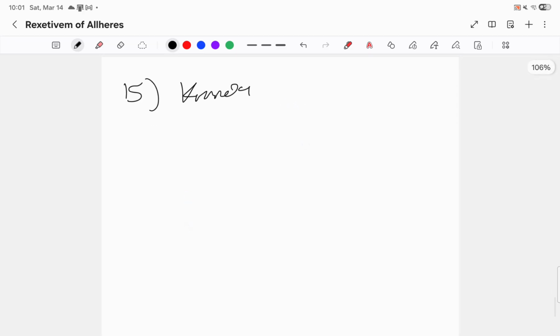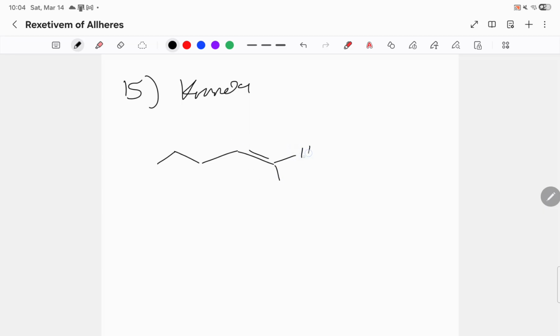If I take my alkene, depending again on the type of alkene you have, you will get different things. Okay, so for example, if you have something like this, this is a terminal alkene where we have two hydrogens hanging out over there, and over here we only have one hydrogen. Correct?